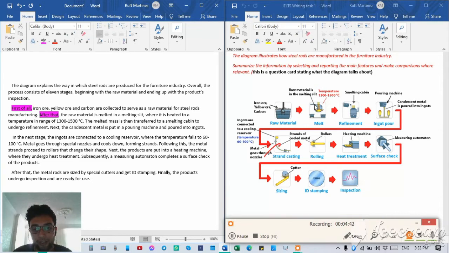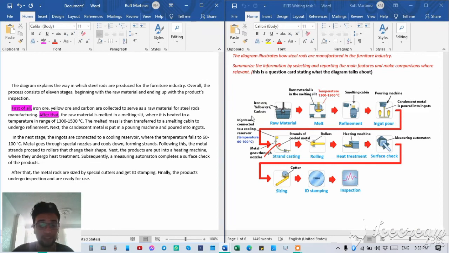The raw material is here, and here it is already melted, and this stage is called melt. The temperature is between 1,300 and 1,500 Celsius. This is in a sentence. After they are carried or collected, they go into the stage of melting. So the raw material is in a melting fleet.